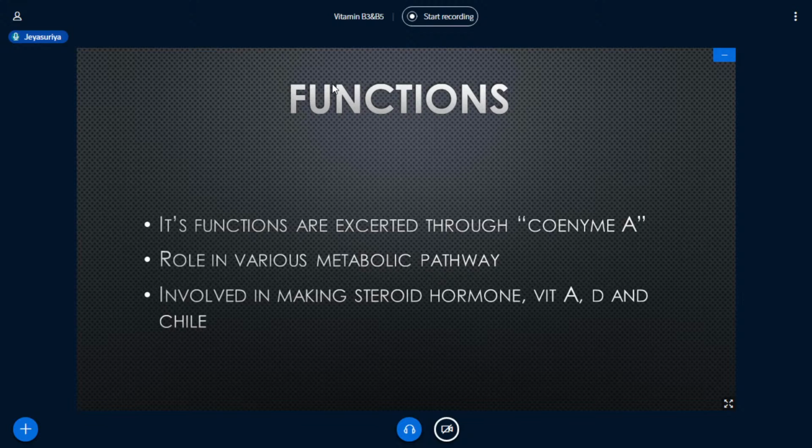On the other hand, this vitamin B5 is also essential for acetylcholine, which is very important for nerve transmission.